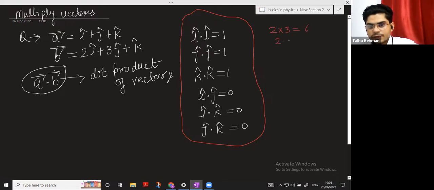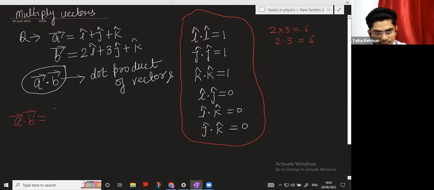Sometimes we write it as 2.3, like 2 dot 3 is 6. So here we were multiplying the numbers, and here we are multiplying vectors. So how we will do it? It is very easy. To find a vector dot b vector, we have to find.